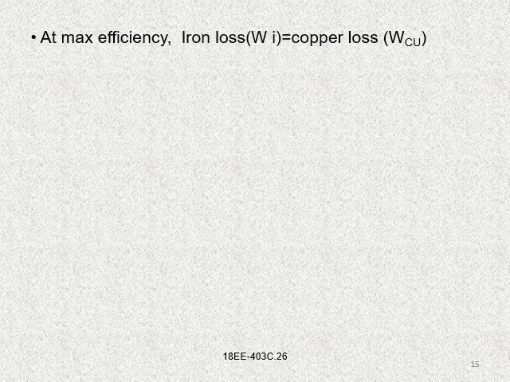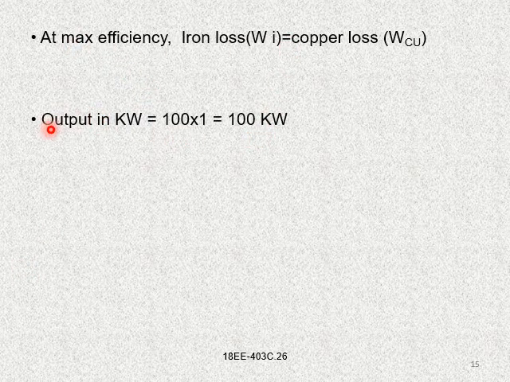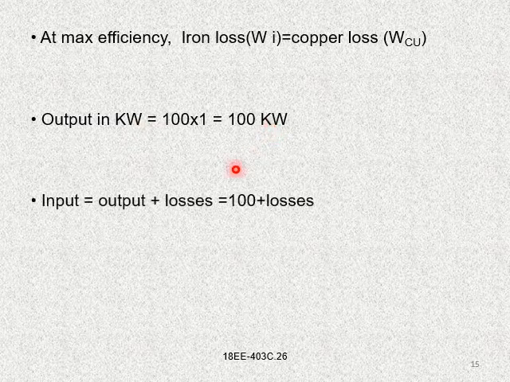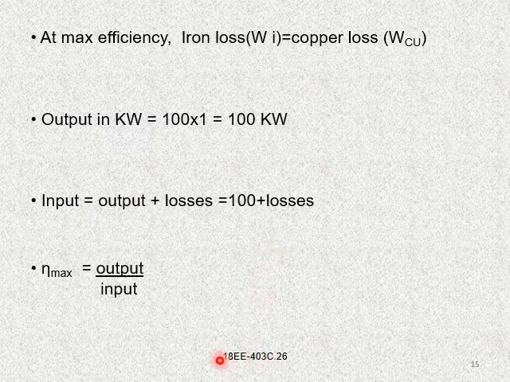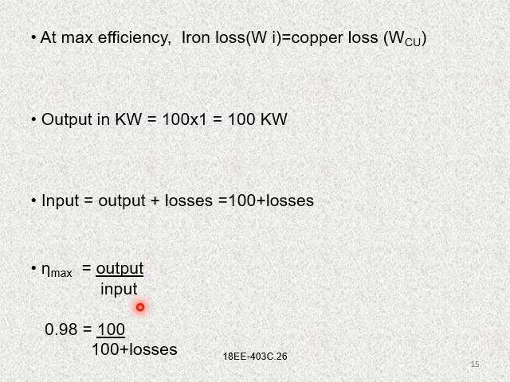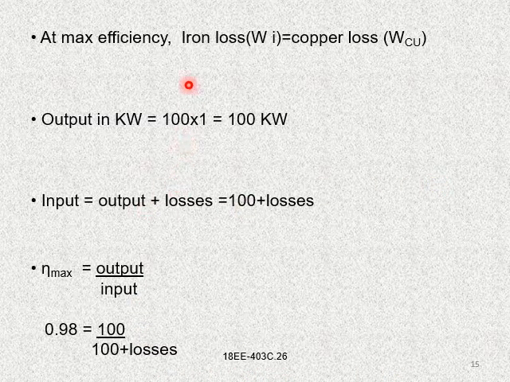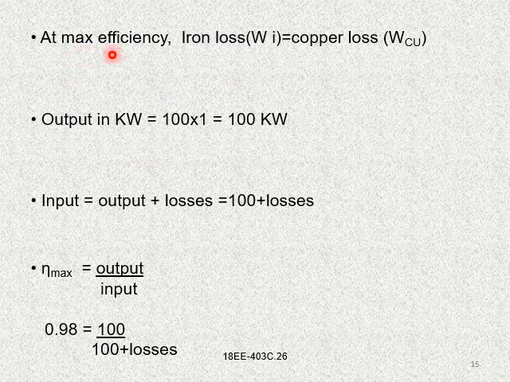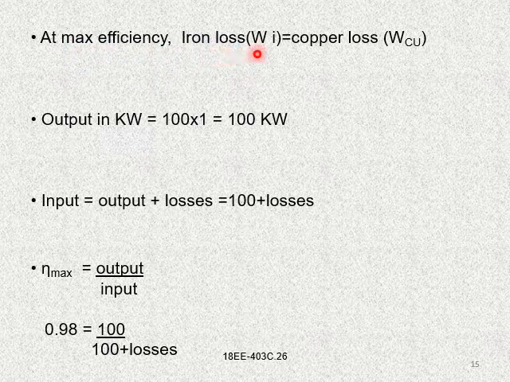At maximum efficiency, iron losses and copper losses are equal. Output in kW is 100 kW. Input is equal to output plus losses, 100 plus losses. The maximum efficiency is output by input. You can see a similar question: we have the maximum efficiency, and the condition that iron loss is equal to copper loss.